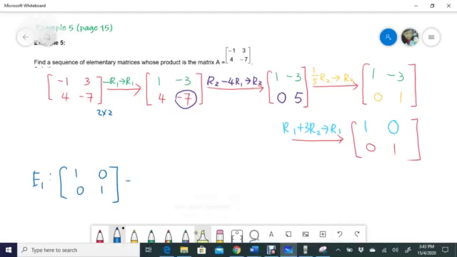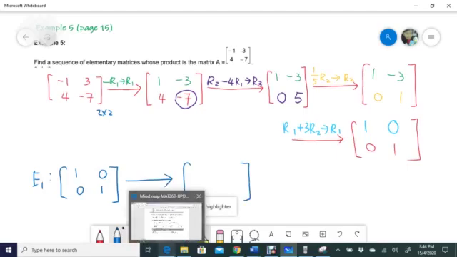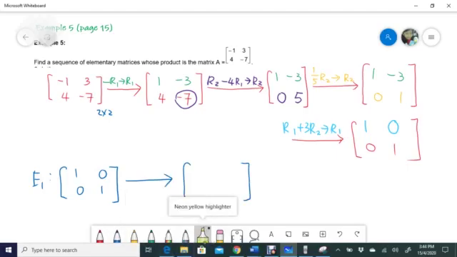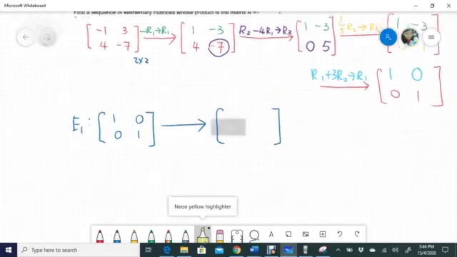Because you have how many elementary row operations here? 1, 2, 3, 4. That's why you will have 4 elementary matrices as well. I hope you can follow.